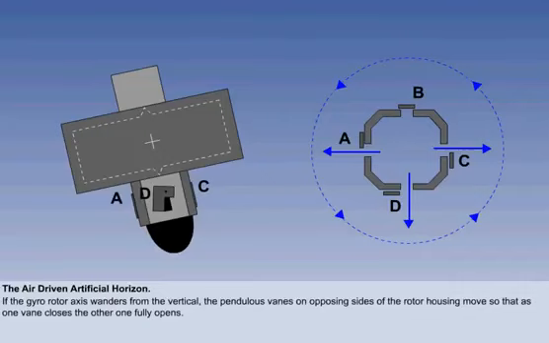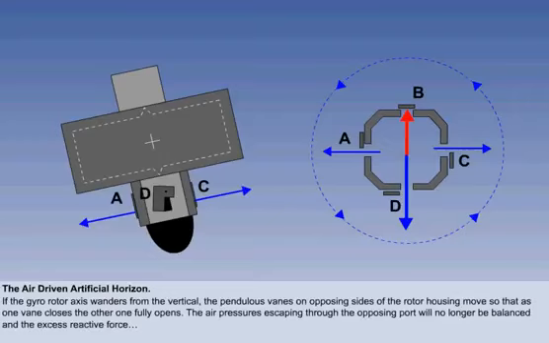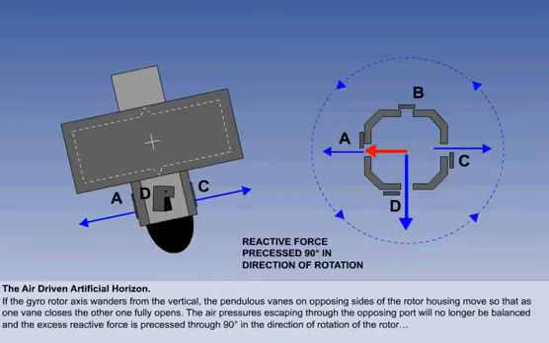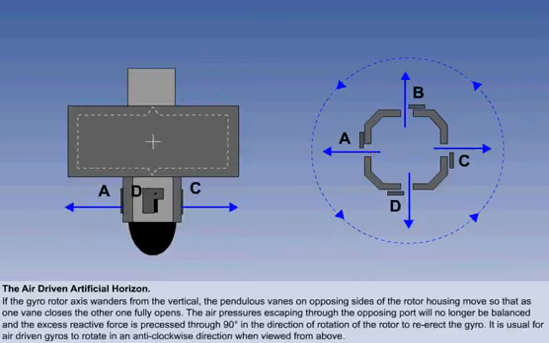The result is that the air pressure escaping through the opposing port D will no longer be balanced, and the excess reactive force is precessed through 90 degrees in the direction of rotation of the rotor to re-erect the gyro. Note, it is usual for air-driven gyros to rotate in an anti-clockwise direction when viewed from above. These gyros are known as classic gyros.